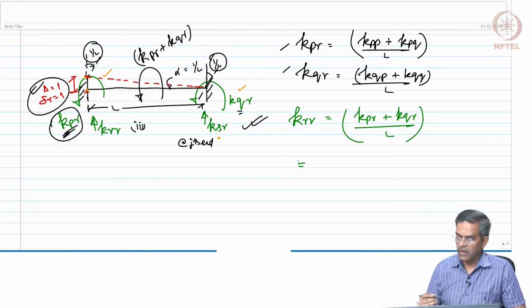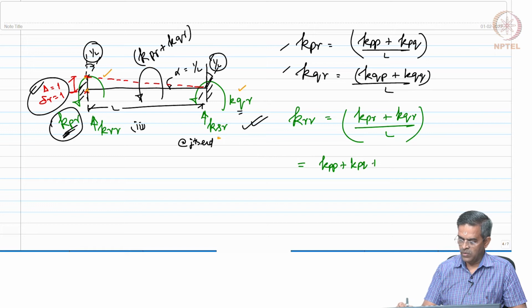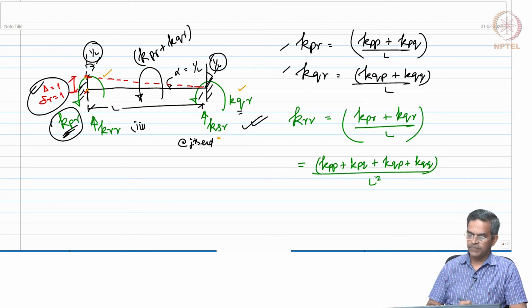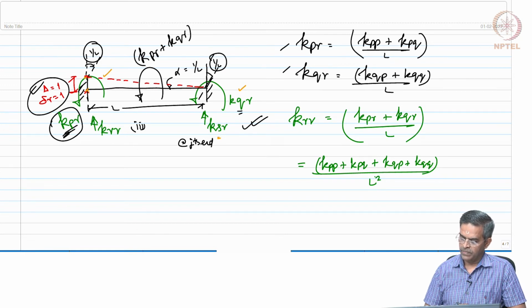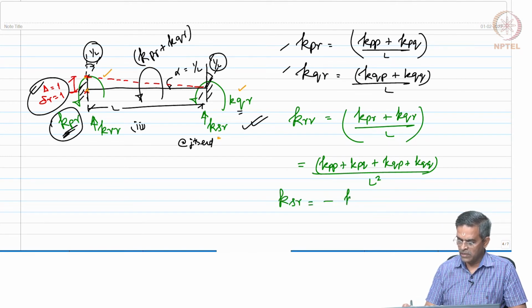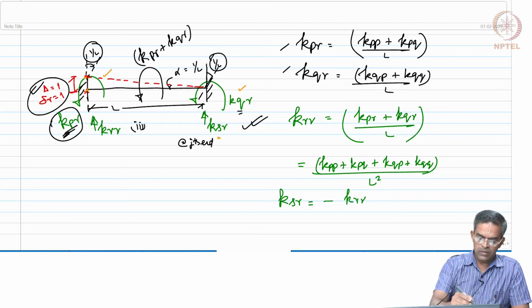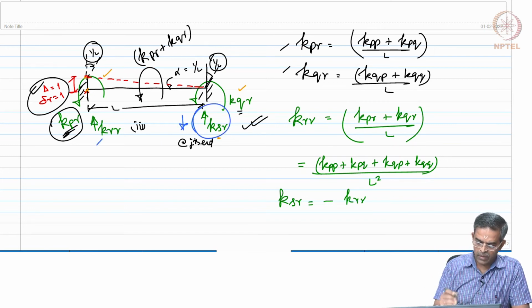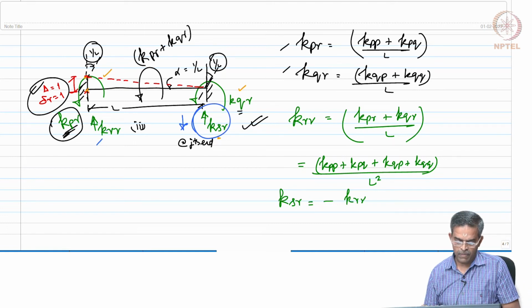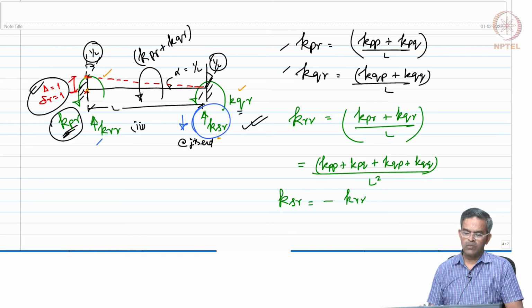Can I now write KRR as KPP plus KPQ plus KQP plus KQQ by L square? Okay. So, now can I also write KSR as minus of KRR, because that is a couple. So, this will be acting downward, this will act upward, this becomes a couple to counteract this moment.